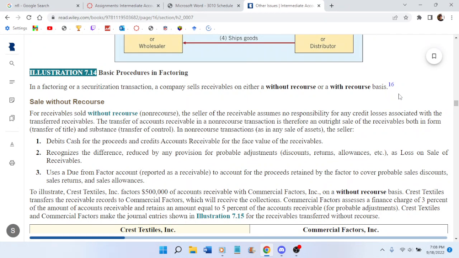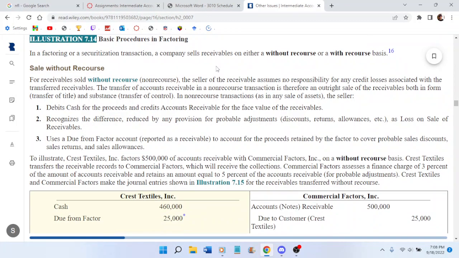Sale without recourse. The seller of the receivable sold the receivable. You assume no responsibility for any credit losses associated with the transferred receivables.